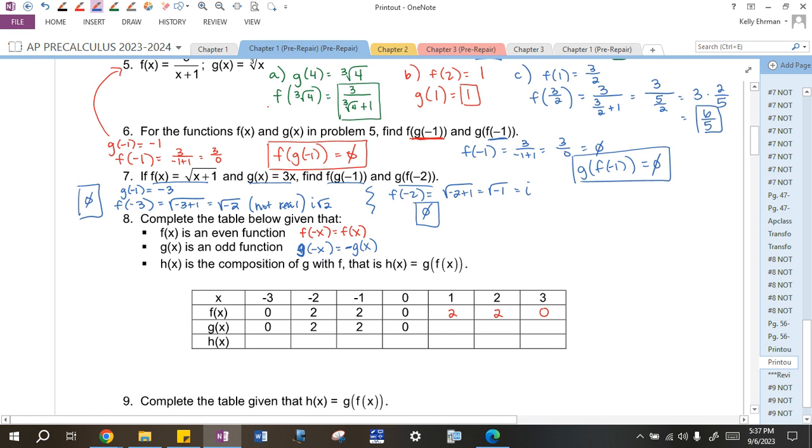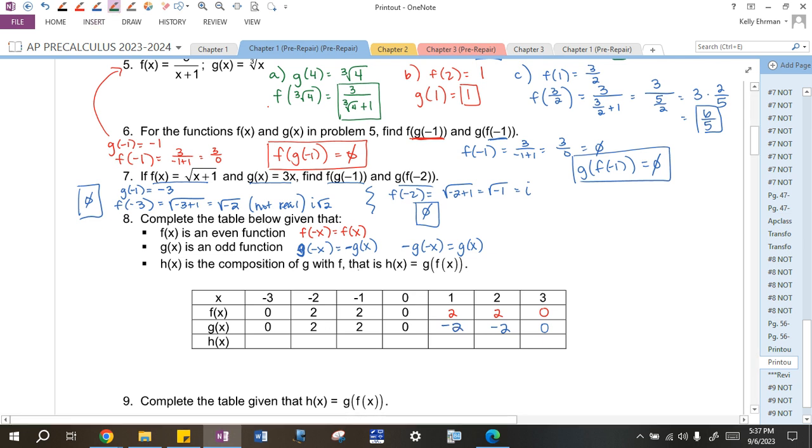It also could mean negative g of negative x equals g of x to kind of match what we have, but all this is saying is g of negative 3 is 0, so g of 3 would be the opposite of 0, which is still 0. g of negative 2 is positive 2, so g of positive 2 has to be negative 2. And g of negative 1 is positive 2, so g of positive 1 has to be negative 2. So opposite signs.